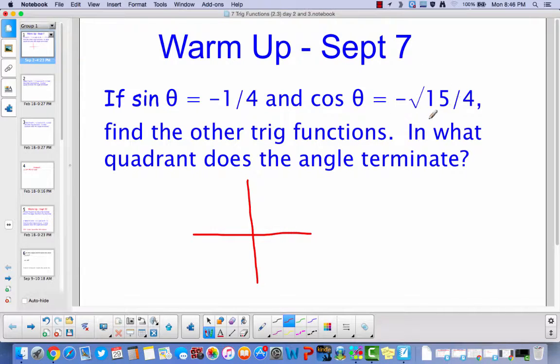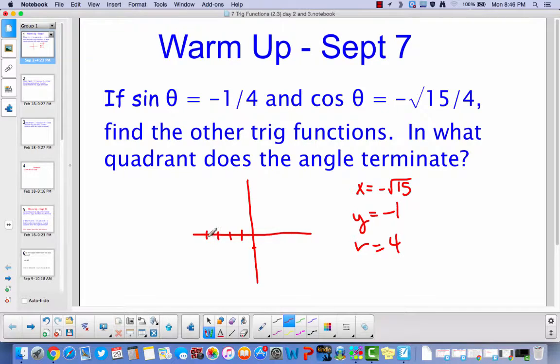It says we have the negative square root of 15, which is going to be almost 4, and negative 1. So x is negative square root of 15, y is negative 1, and r is 4.